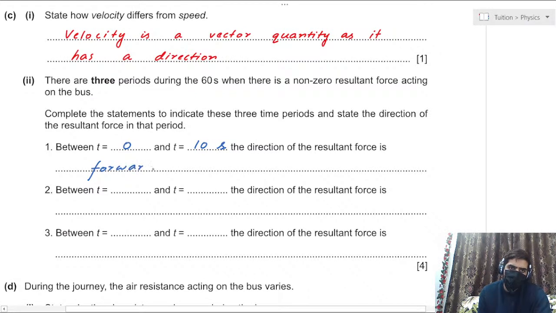Why forward? That's not part of the question, but I'm just writing it here anyway: forward, because the object is accelerating.